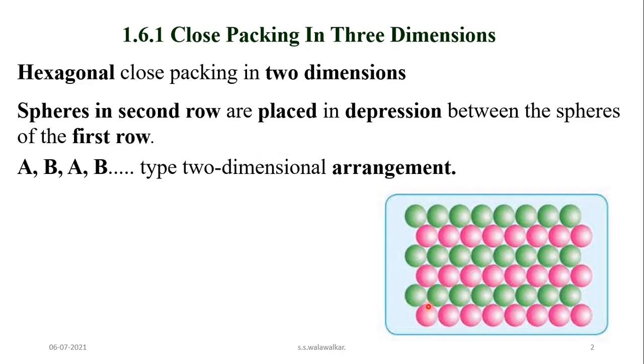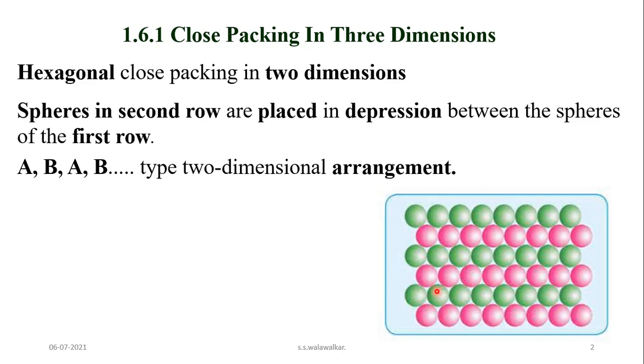The sphere of the second row is placed in the depression between the spheres of the first row. Two spheres touch each other and produce a depression, and in this depression the sphere of the second row is placed.